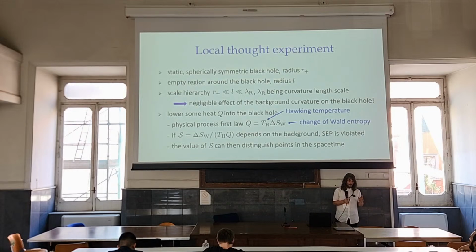In other words, you can make a local experiment of measuring this S in two different spacetime points, and you will not be able to reproduce the result in flat background spacetime.